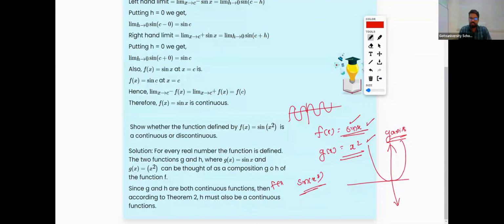Okay, it is just a discussion. If you want to prove all this, you have to prove separately for sine of x, which is already proved here. And similarly, you can follow all the steps to prove that g of x equal to x square is also continuous. And use the theorem which says if f of x and g of x are continuous at c in a given range, then the composition is also going to be continuous in the given range or domain.